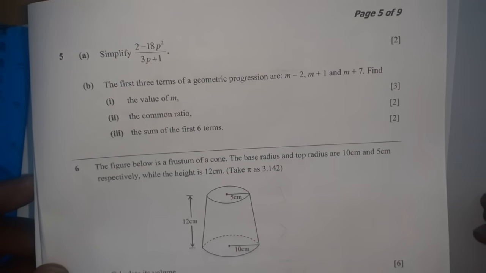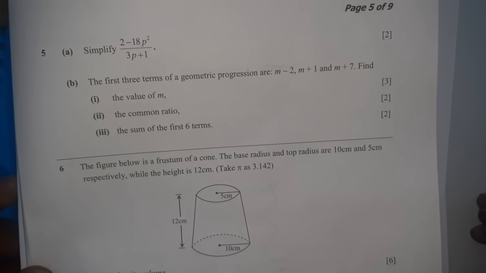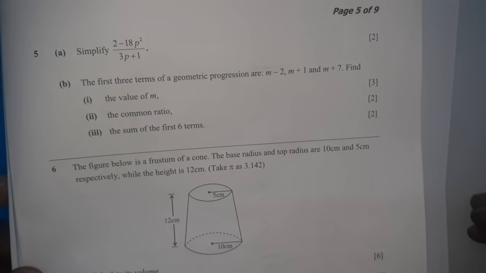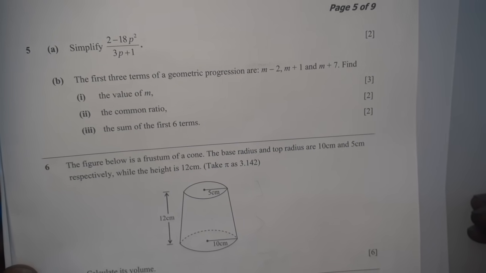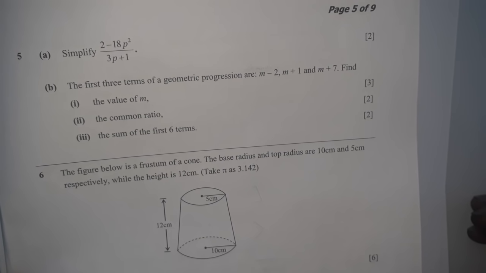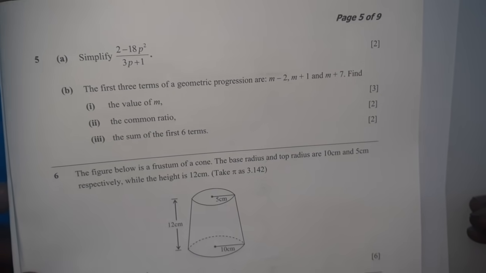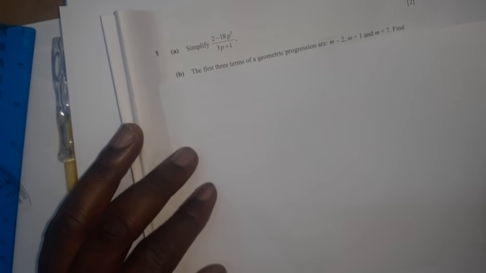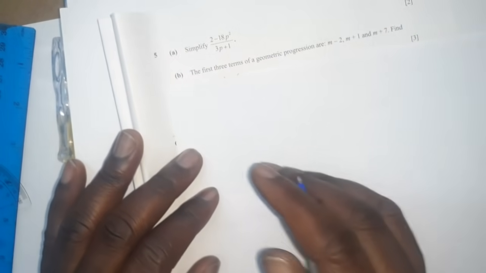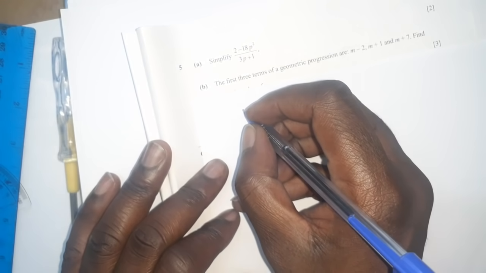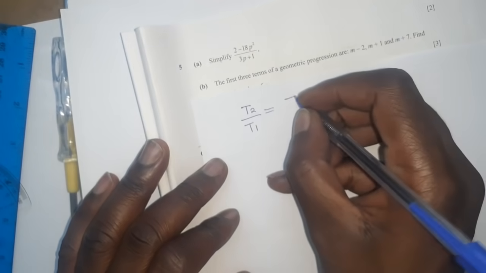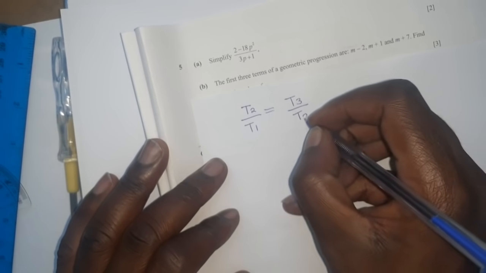We come now to question B. The first 3 terms of a GP, which is a geometric progression, are m minus 2, m plus 1 and m plus 7. Find the value of m. Okay, so what are we supposed to do here? To find the value of m, we need to use the formula: second term divided by first term is equal to third term divided by second term.